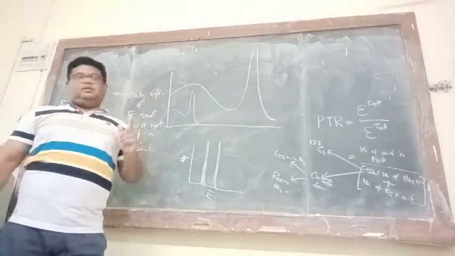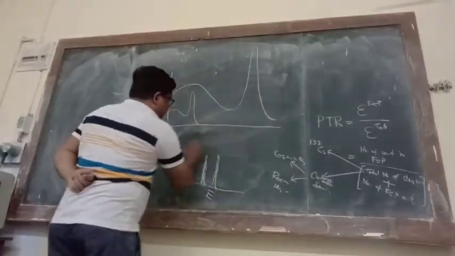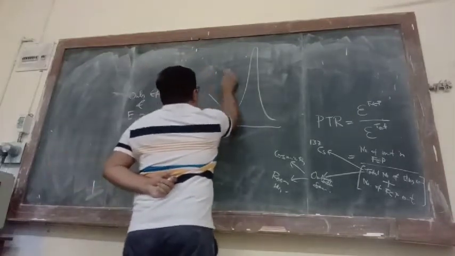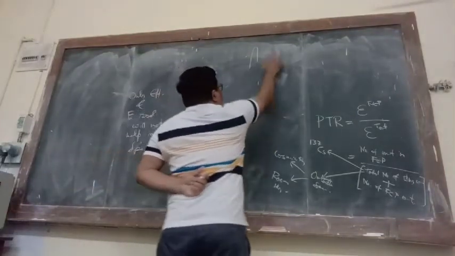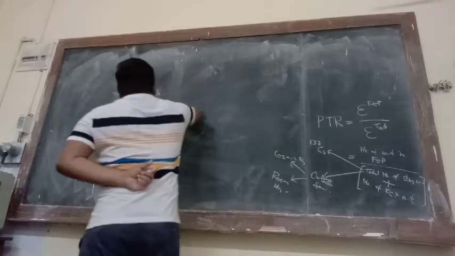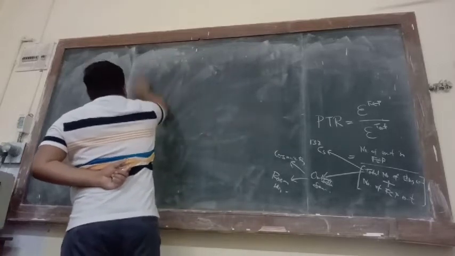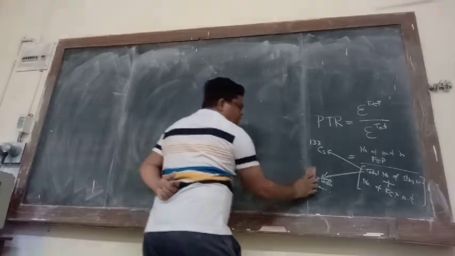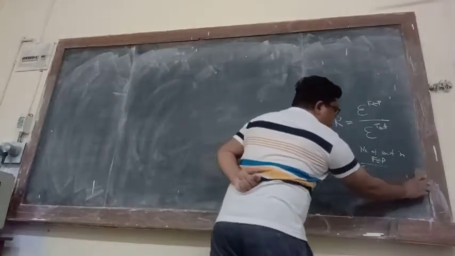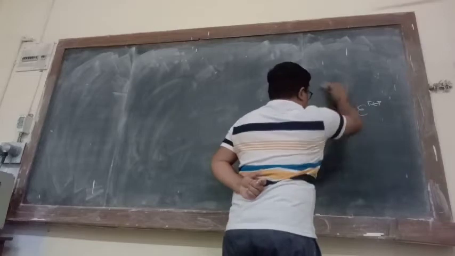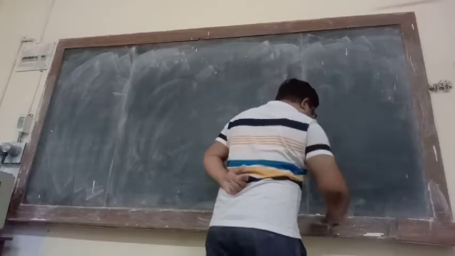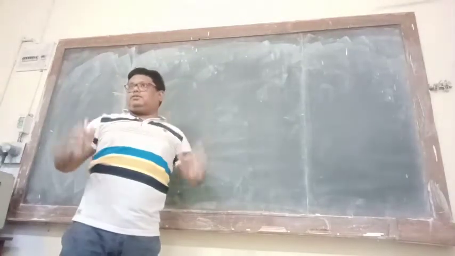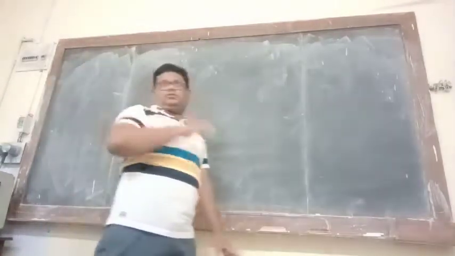How? Any problems? Basically, what I am talking about today is how to do spectroscopy and what parameters a good detector should have if you want to do spectroscopy with it.